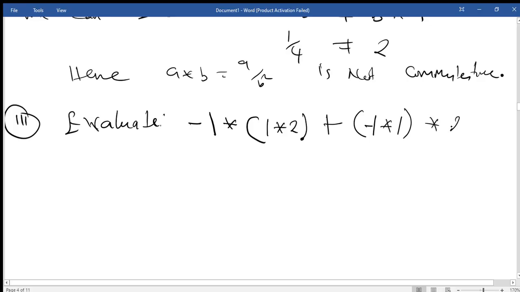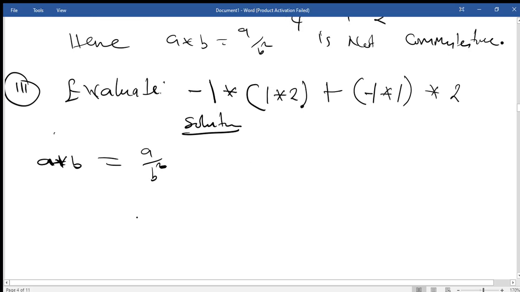Can you evaluate this? That's what you are being told. So now let's try to evaluate. Remember, we are still using the same operation. The operation is A star B is equal to A over B squared. That's the operation. So we can first compute what? Let's compute A star 2 there, and then we can replace everything.